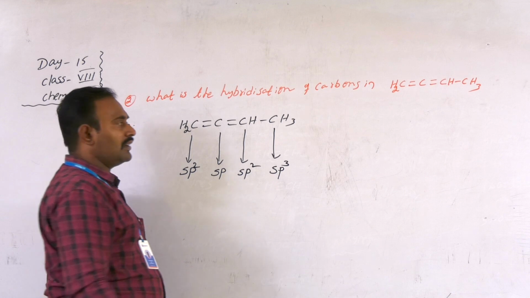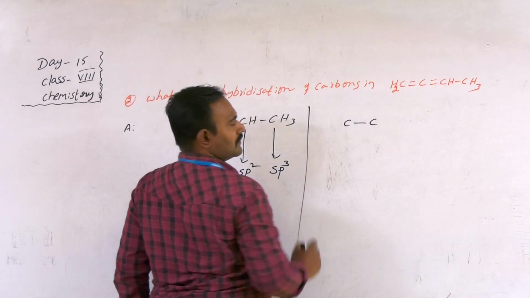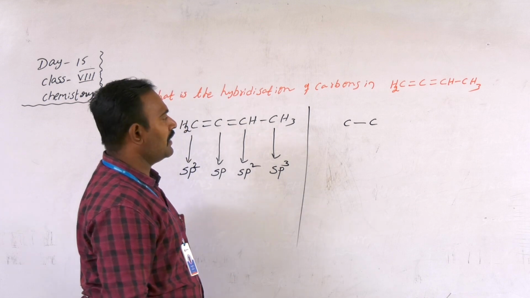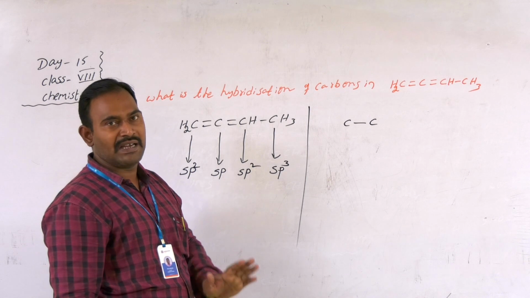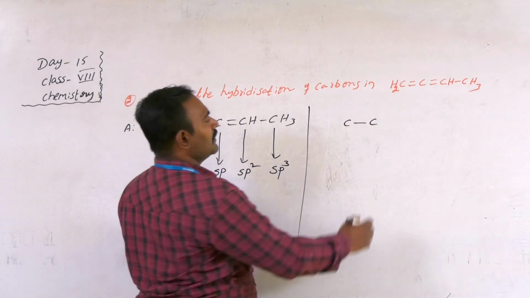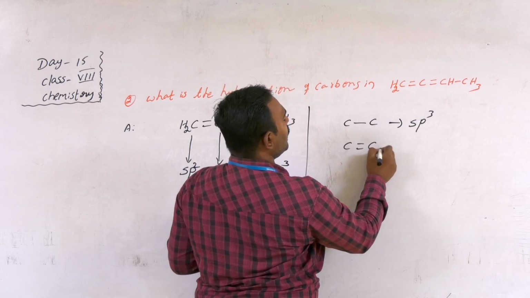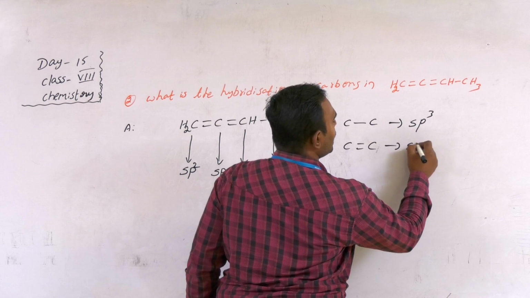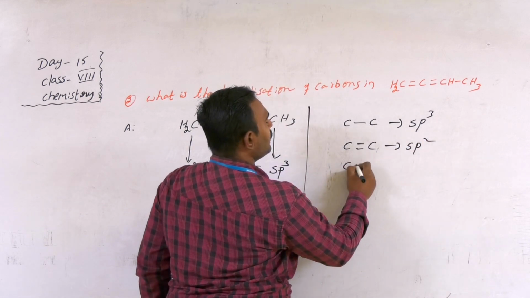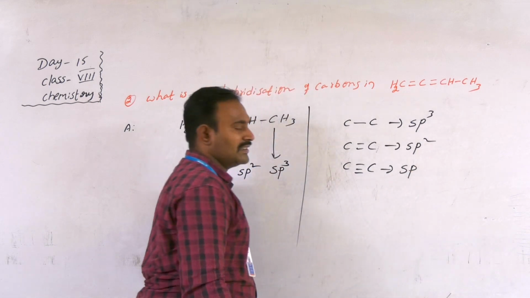Here I am giving you a short trick. Between carbon and carbon, only sigma bonds are there, and the remaining bonds are satisfied with hydrogen, then hybridization is sp3. Between two carbon atoms, if a double bond is there, the hybridization of the carbon will be sp2. Between two carbon atoms, if a triple bond is there, sp hybridization.